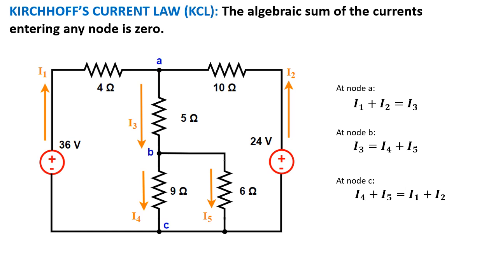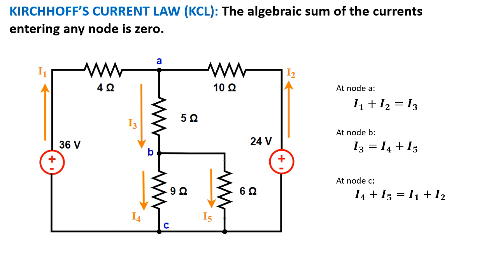It works similarly with node B. However, for node B, we have one current entering and two currents leaving. So we have I3, which is the current entering, equal to the sum of currents leaving, which are I4 and I5.